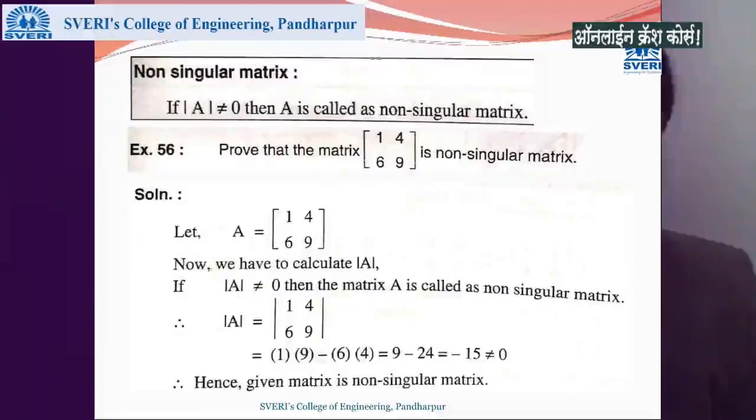So A is equal to 1, 4, 6, 9. If you take the determinant of this, 9 minus 6 into 4, 24. 9 minus 24 is equal to minus 15. This is a negative value, which is not equal to 0. Therefore, the matrix A is a non-singular matrix.